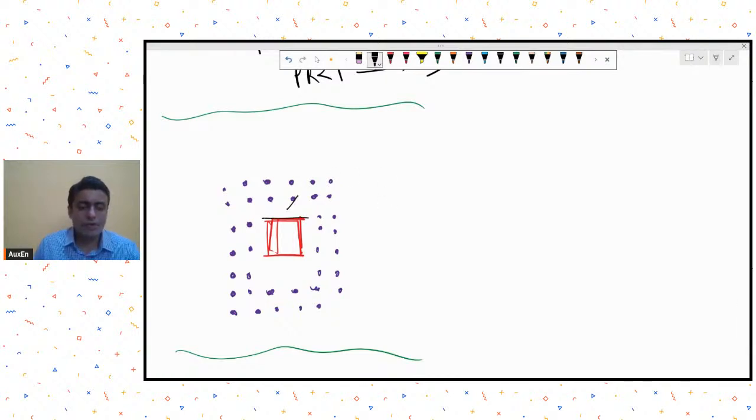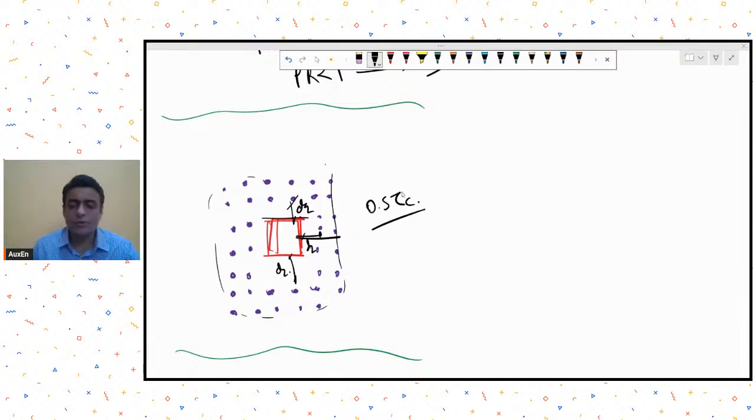You may start from, let's say, d by 2 distance where the punching is critical, and go on providing these links in plan view till your punching ratio goes below 0.5 tau c. And what is this tau c? It is 0.25 root fck, the two-way punching or shear stress. Okay, so this is one of the ways to provide links.